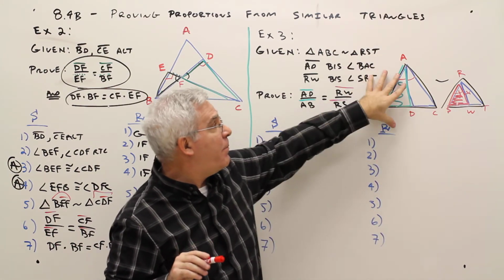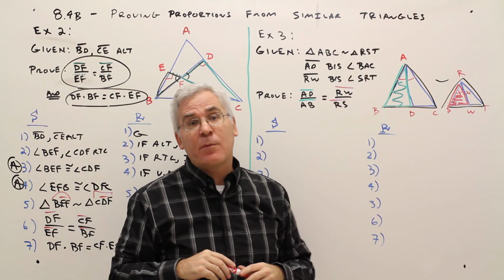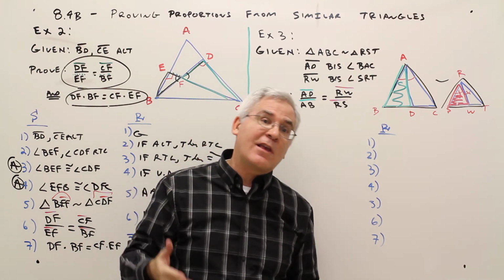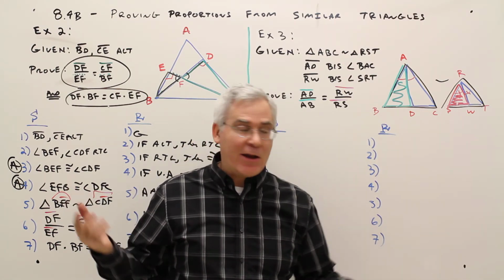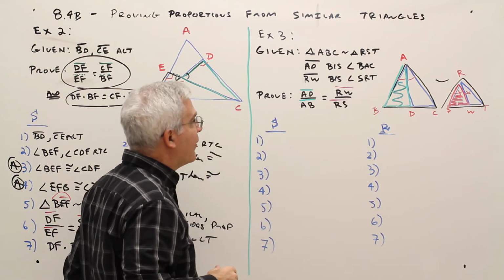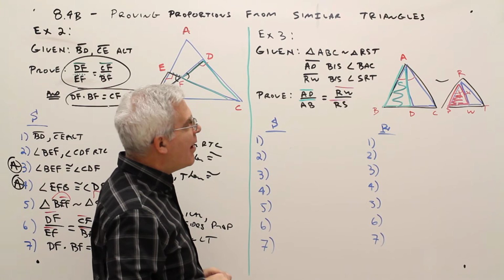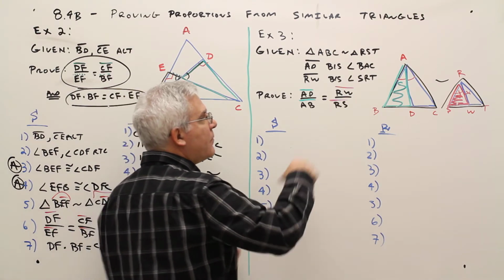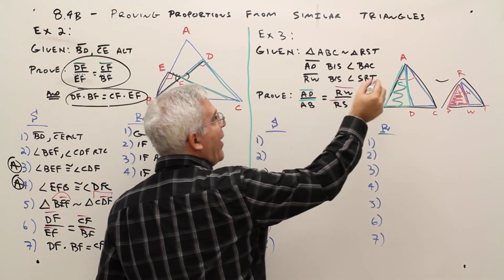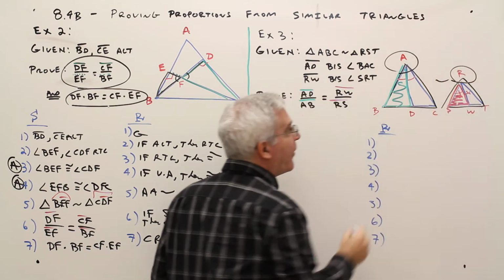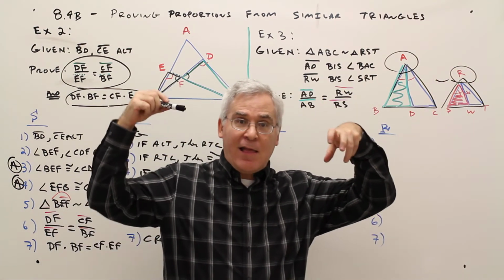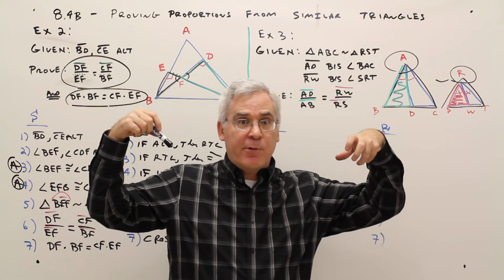I was given the big triangle similar and some angle bisectors. Once again, I'm going to try to use angle. I've got no information whatsoever about sides. So let me see what my plan of attack will be. If these triangles are similar, then I know that big angle A and that big angle R are congruent.